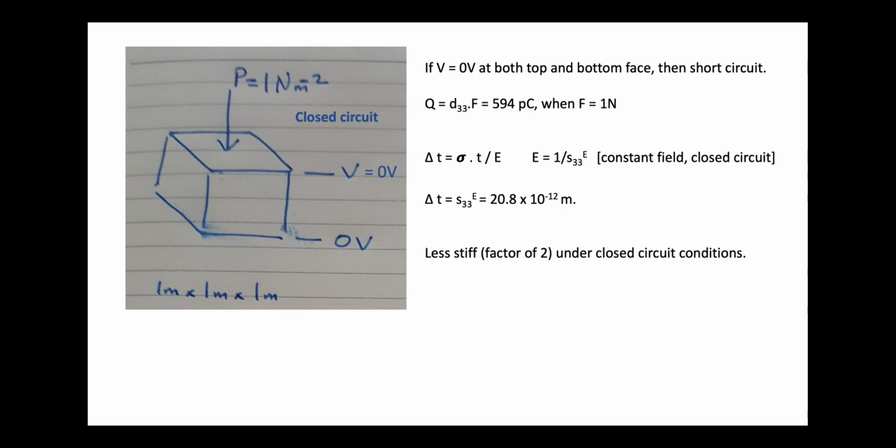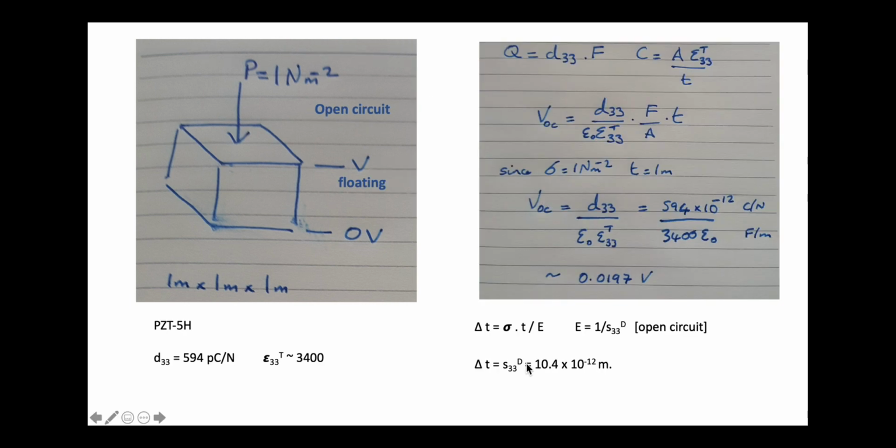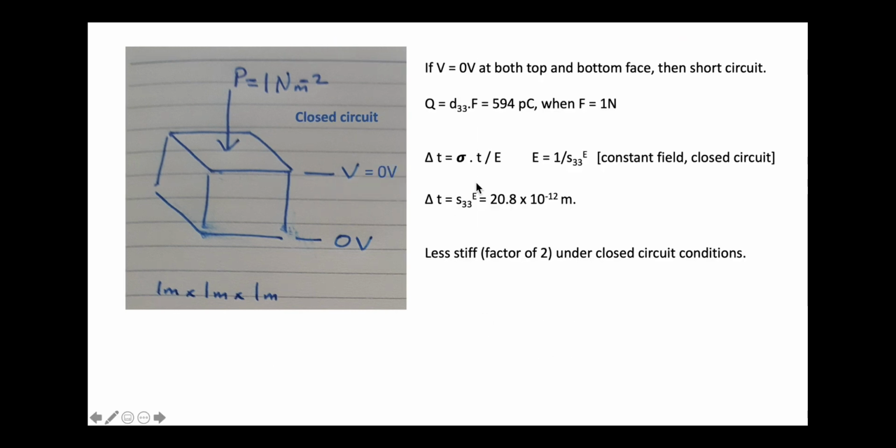And the point to note is it's deflecting more in closed circuit than in open circuit. So it's about a factor of 2 compared to open circuit. And that's because as you're compressing it under open circuit, you're getting a Hookean strain, but also you're developing an electric field.